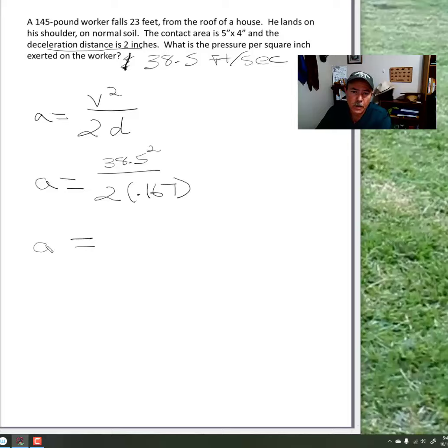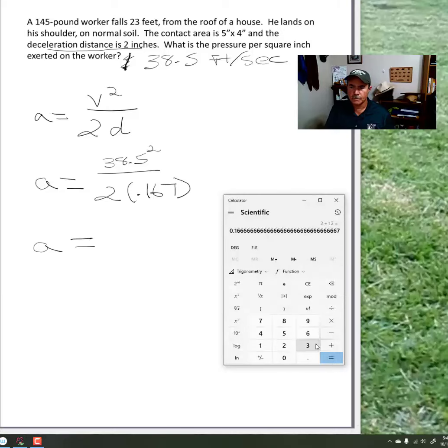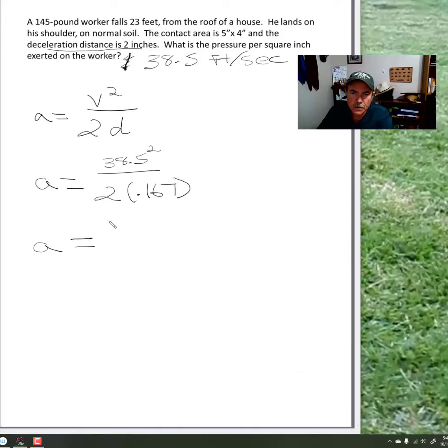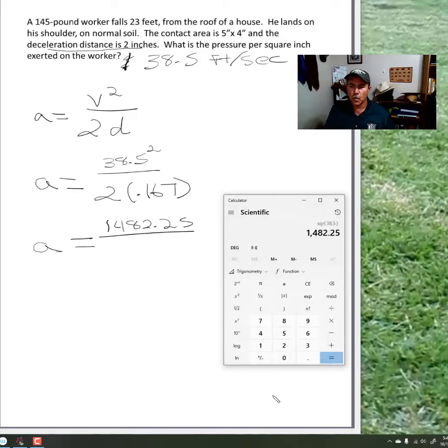Okay, now it's just a simple calculation. 38.5 squared is 1482.25. Go ahead and bring that down in this iteration. 1482.25. Now we need to multiply 2 times 0.167.